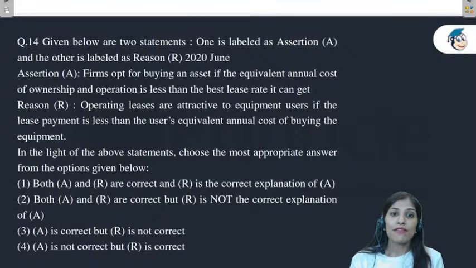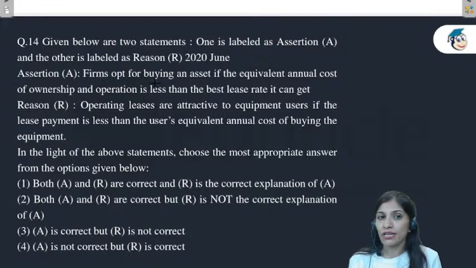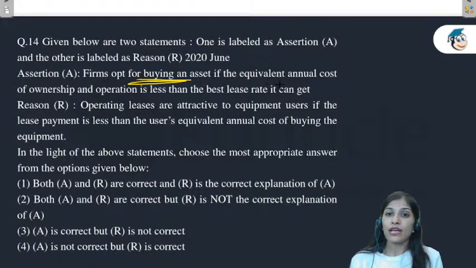Next. Given below are two statements. One is labeled as assertion and the other is labeled as reason. Firms opt for buying an asset if the equivalent annual cost of ownership and operation is less than the best lease rate it can get. Now it is about decision making, whether you are going to buy or lease.